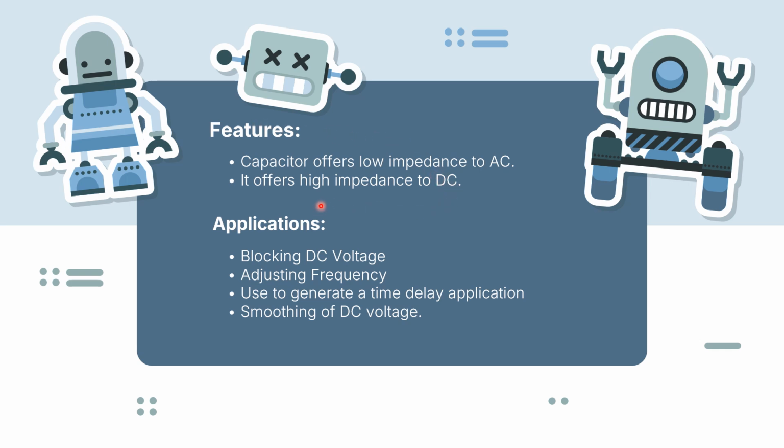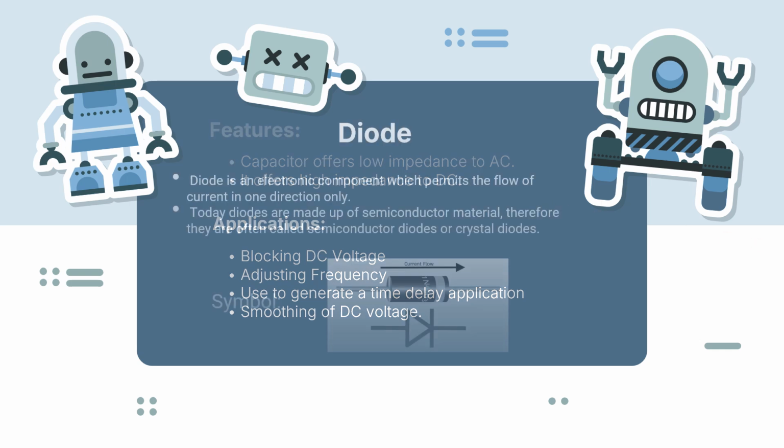So if, for example, you want to separate the AC signals from the DC voltage current, you can use a capacitor to do that. And the applications are blocking DC voltage, adjusting frequency, generating time delays, or smoothing of DC voltage. If you are interested in this, you can search and read some papers or articles about that.